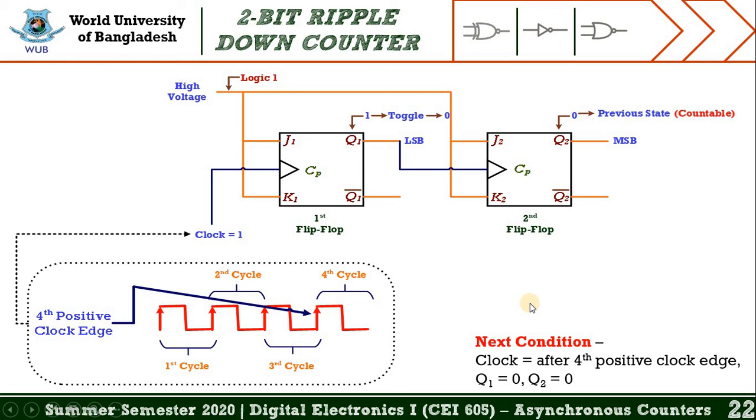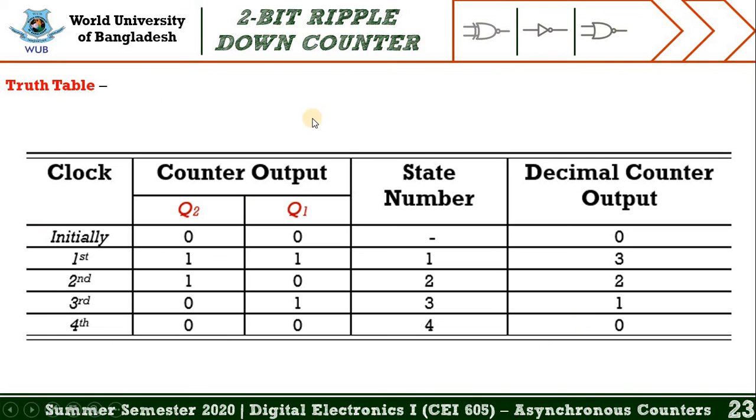This slide represents the truth table of the 2-bit ripple down counter. This table has four columns, as I have already mentioned for the 2-bit ripple up counter.